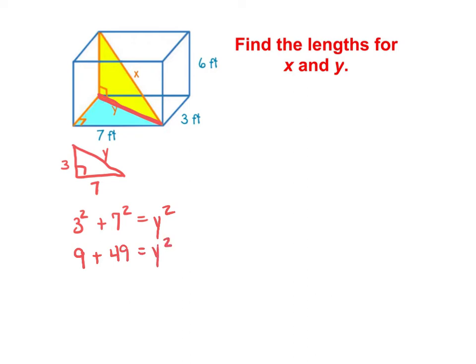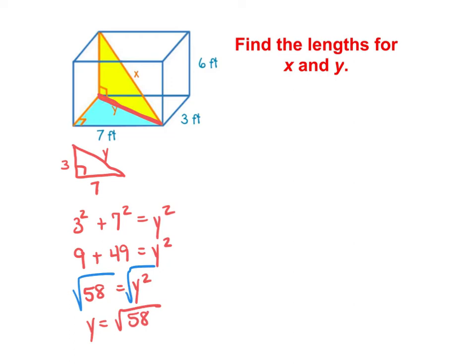And 9 plus 49 is 58. Now we still need to find y. We do that by taking the square root of both sides. And so we get y is the square root of 58. And we're going to stop there for now.